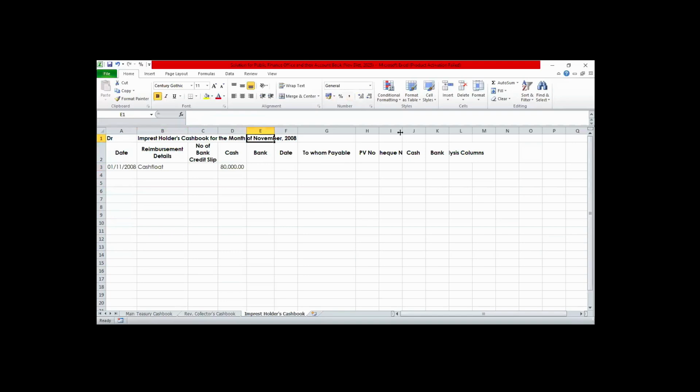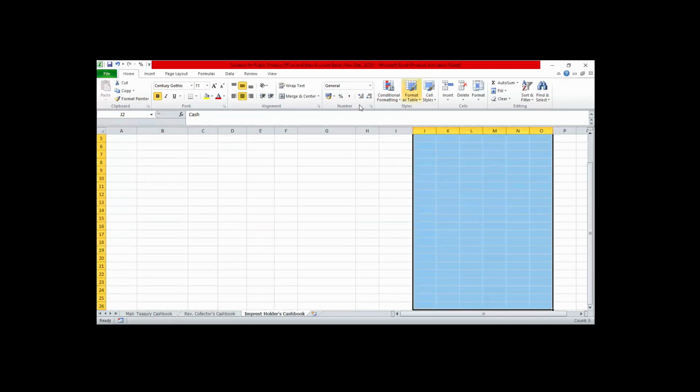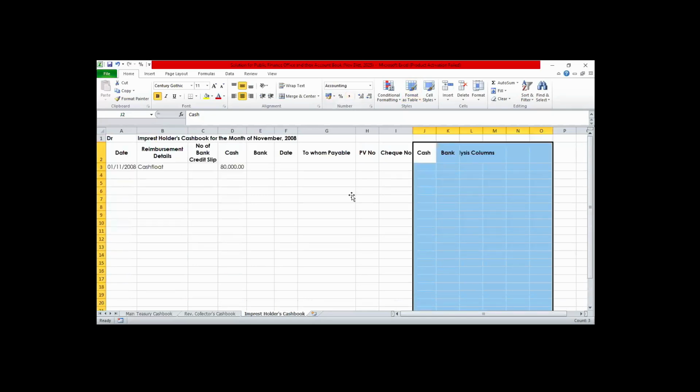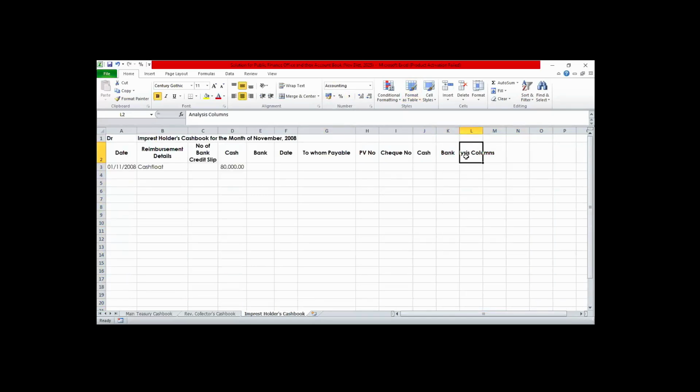Now, what are the analyses we are meant to do regarding this? Under the analysis column, how many transactions are we given to work with?